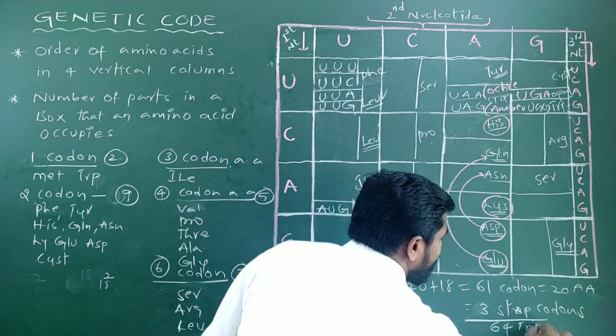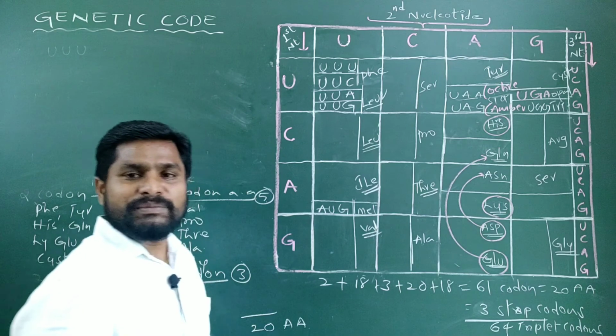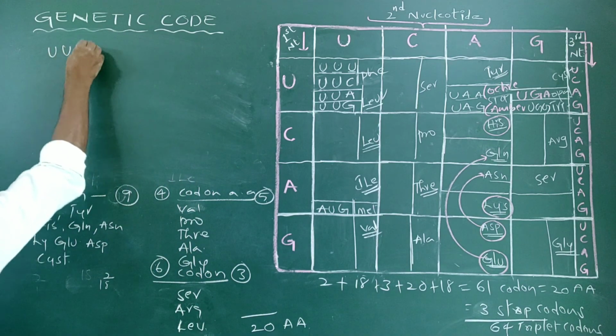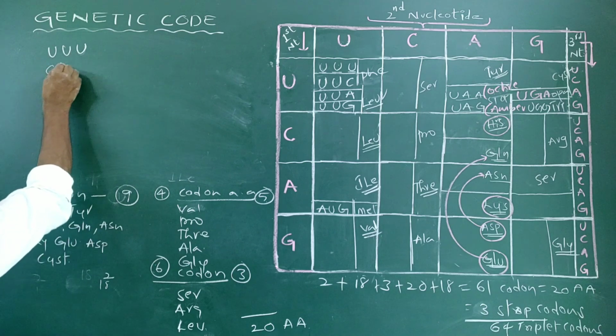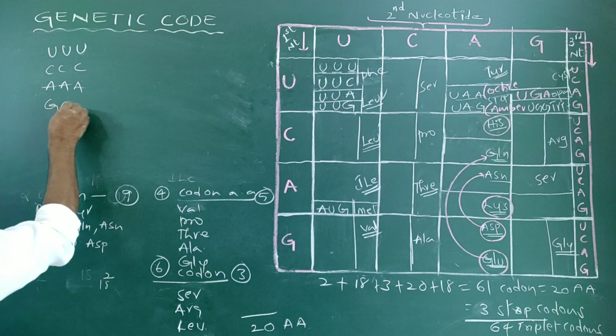64 triplet codons. Along with this, the last point to remember regarding this genetic code is the triplet codons UUU, CCC, AAA and GGG.